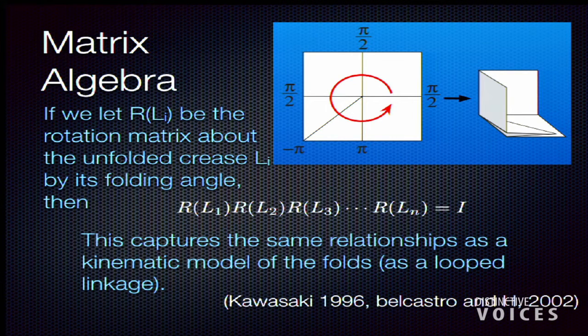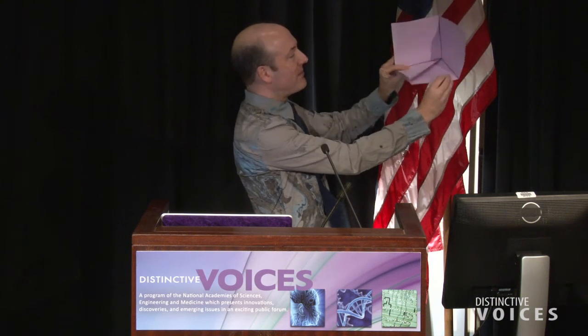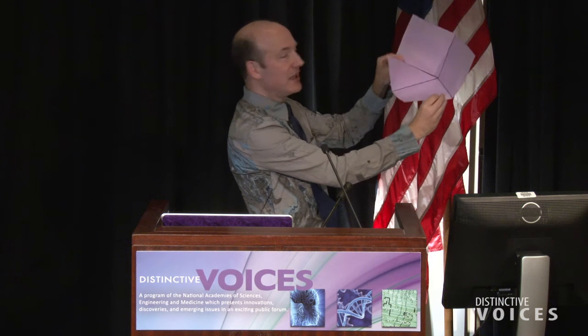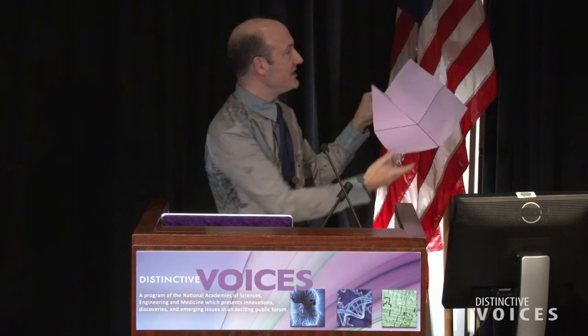What this is doing is capturing something that mechanical engineers call rigid bar kinematics. That is, this matrix product is actually capturing not just how I can fold this, but what happens as I open and close it. In particular, what are the relationships between what's happening at all the creases as I open and close it.